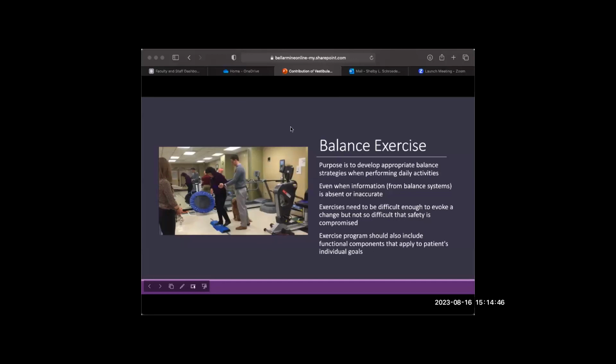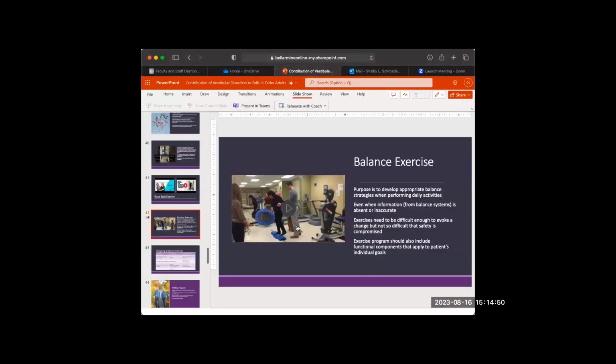Can you see the same slide that says balance exercise? I've just got a blank white screen right now. Yep. Okay. All right, I don't think I'm going to be able to get that one to work.